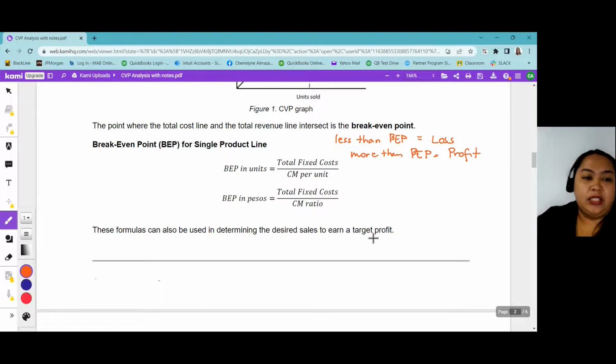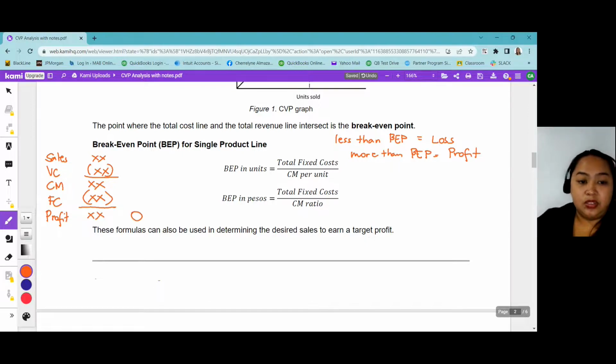So balikan natin yung ating contribution margin income statement. You have your sales here. Less variable cost. Sales less variable cost is equals your contribution margin. Okay? From the contribution margin, you will deduct your fixed cost. Okay? And this is your profit. Sabi natin at break-even point, your profit is equals to 0.